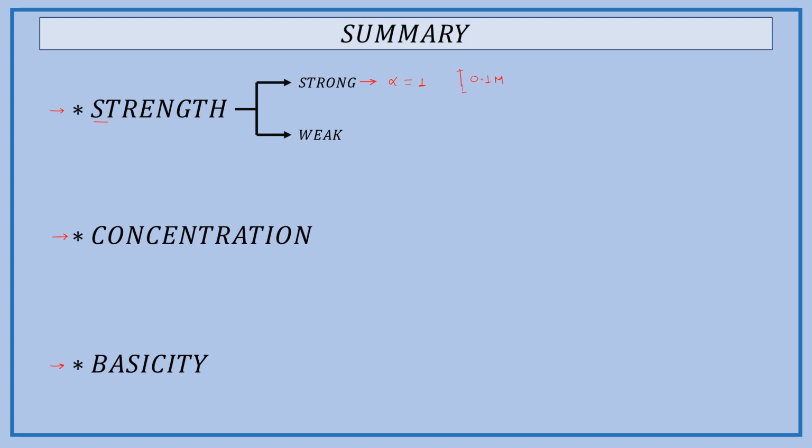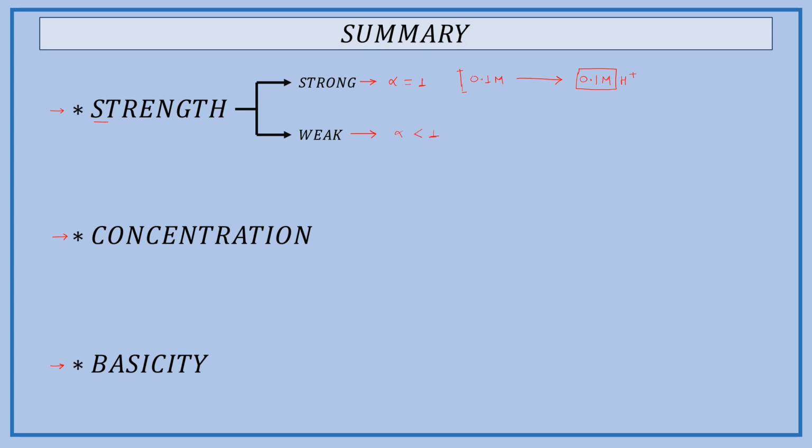solution of an acid, then the entire concentration will get dissociated and we will have the concentration of H plus ion to be a multiple of 0.1 molar. We will understand this multiple just in a few minutes. For a weak acid, alpha will be less than 1.